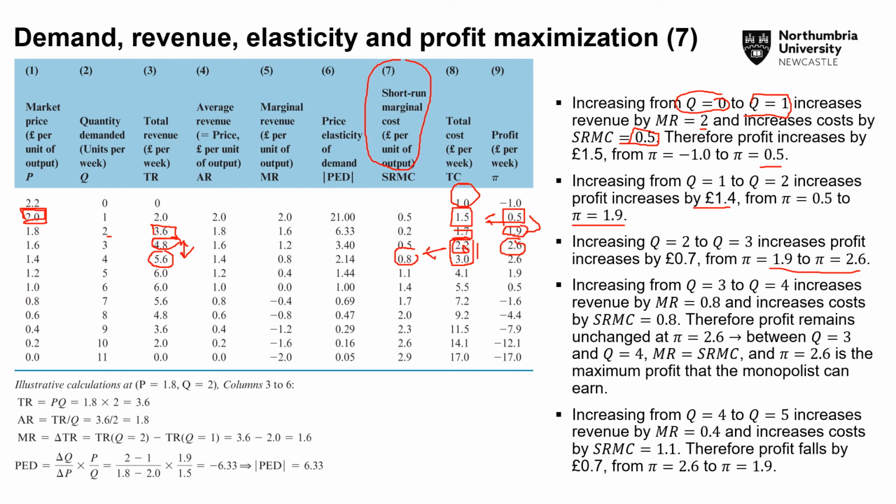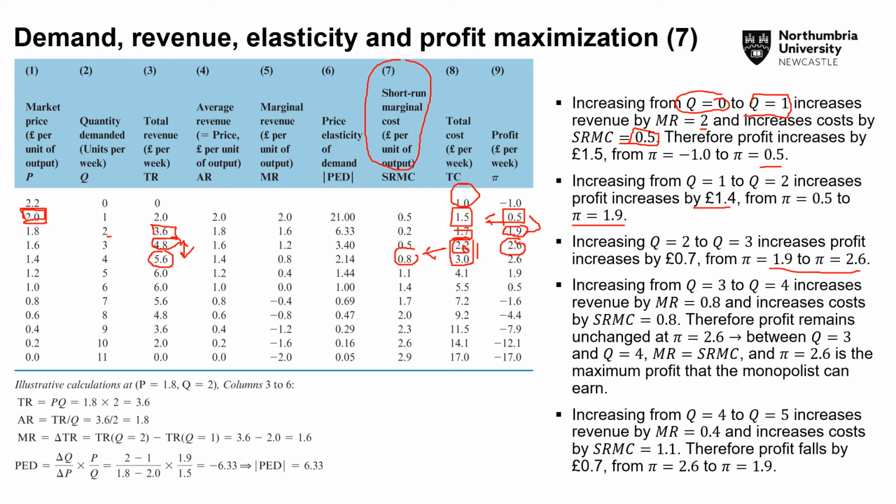What is the result? Well, if marginal revenue is 0.8 and the marginal cost is 0.8, in other words, the revenue obtained from selling the 4th unit is 0.8, and the cost associated with producing and selling the 4th unit is 0.8, therefore the marginal revenue is offset completely by the marginal cost.